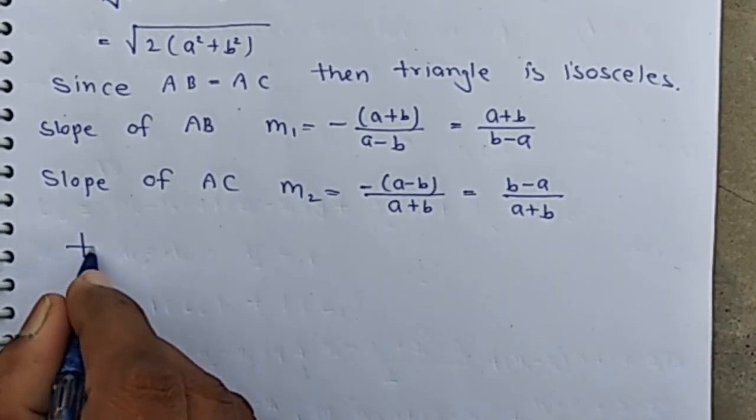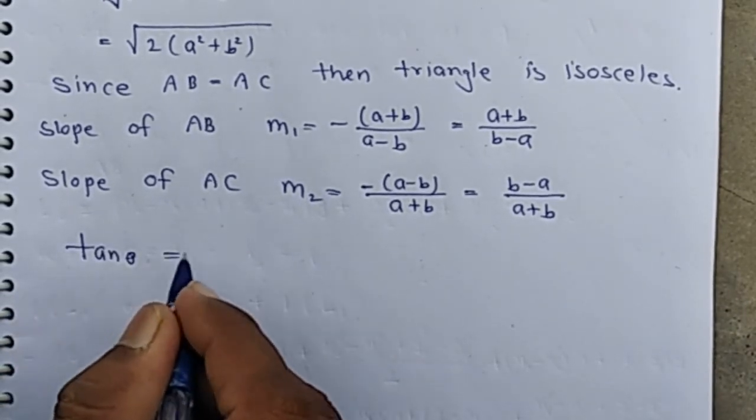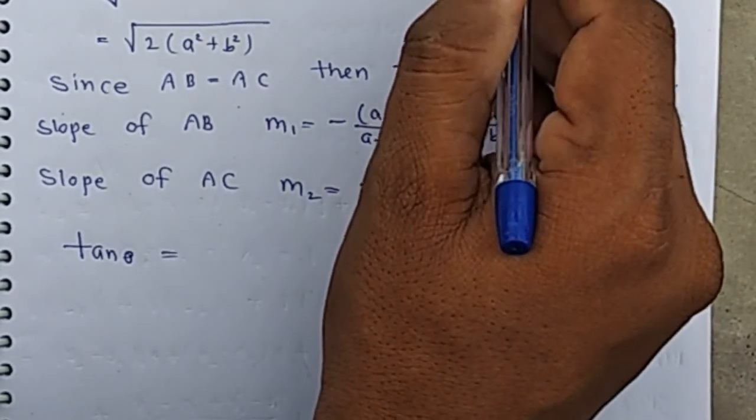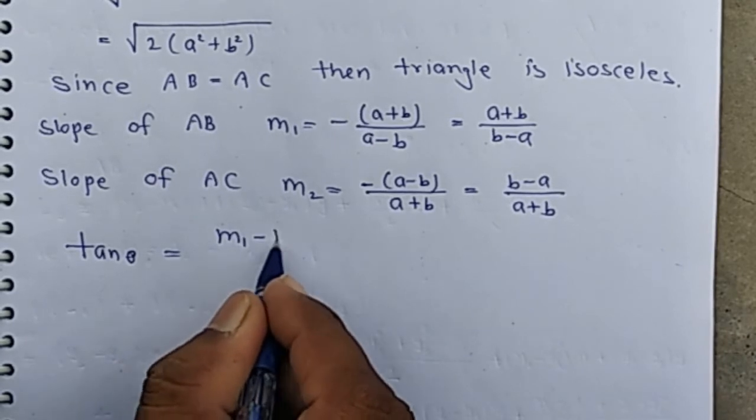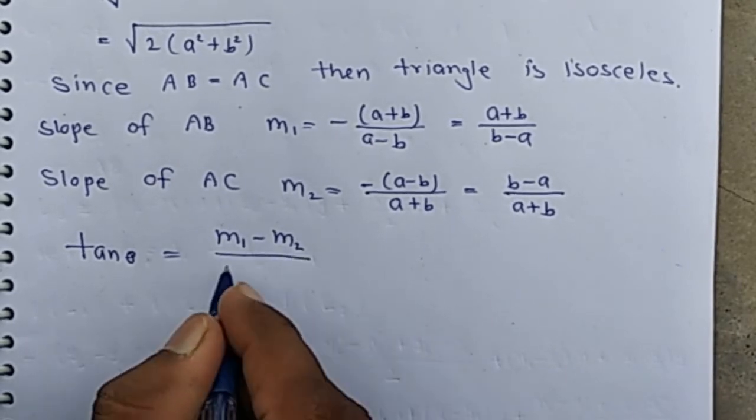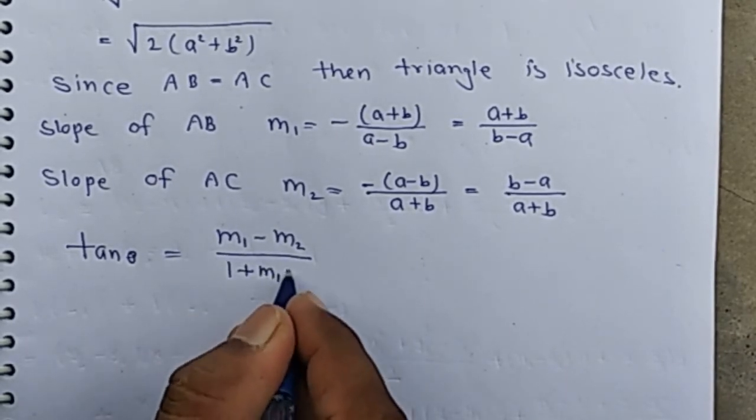If the angle between AB and AC is theta, then tan theta equals (m1 minus m2) by (1 plus m1 m2).